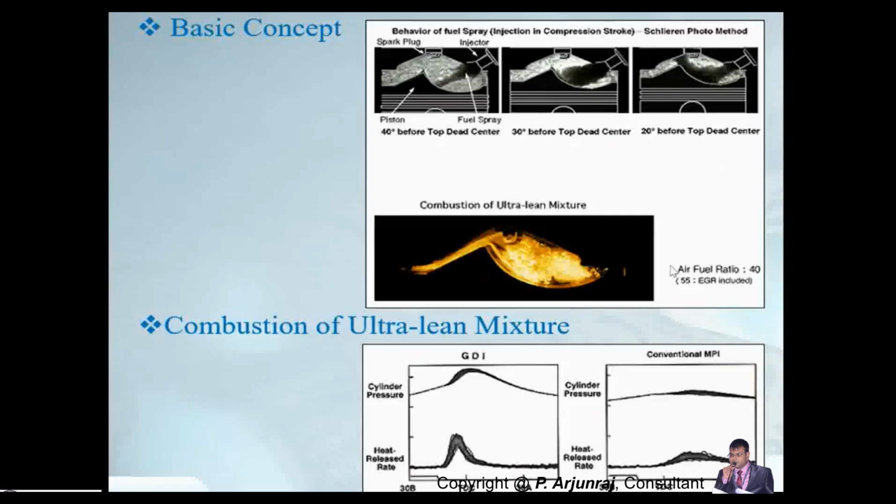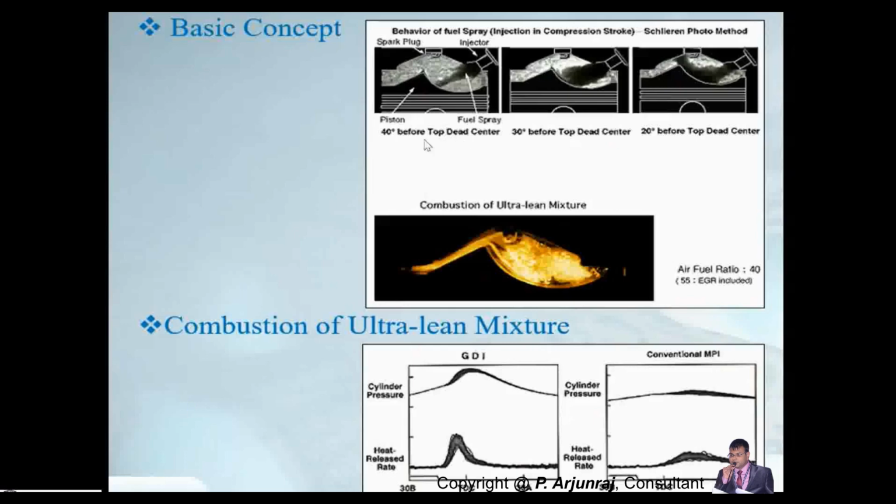And finally, they selected the pattern which will be much more efficient from the combustion point of view. Out of these three systems, they have taken one particular pattern, and that particular pattern is mapped to the graph between crank angle and the pressure and heat release rate.